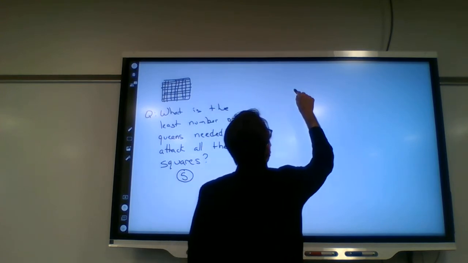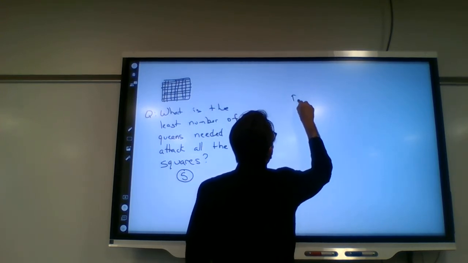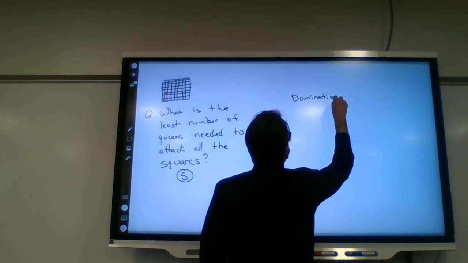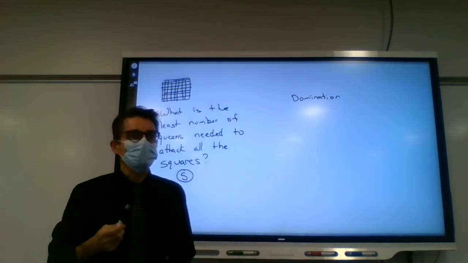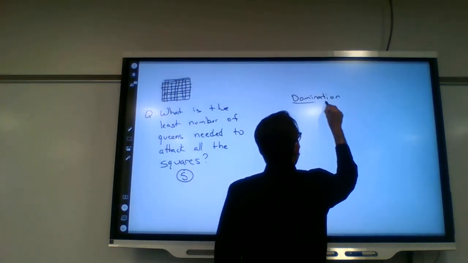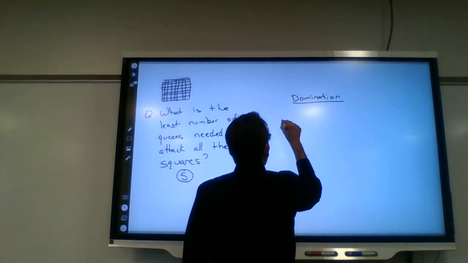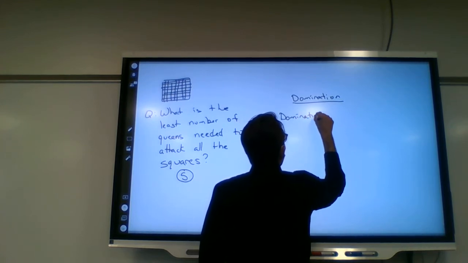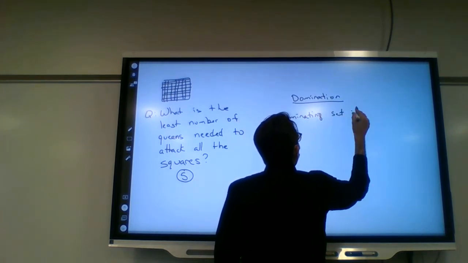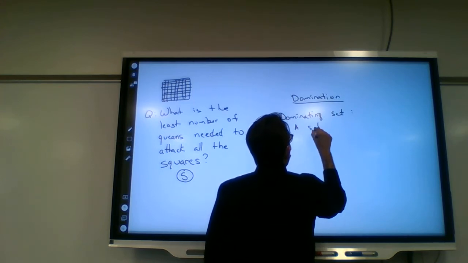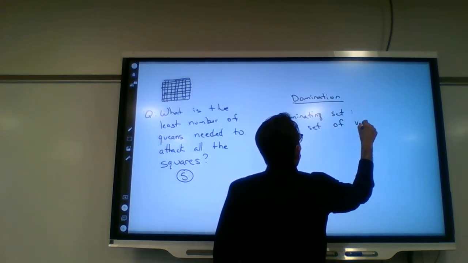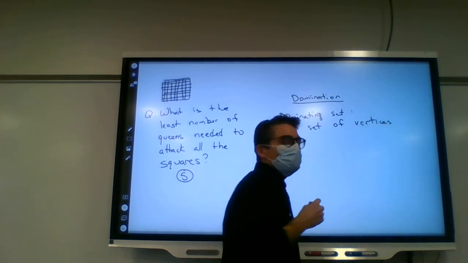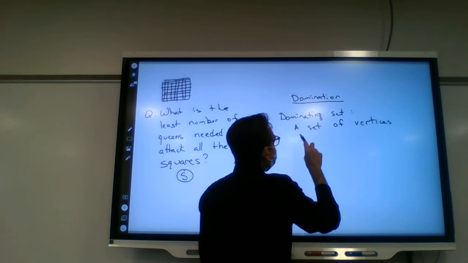All right, so this problem is a problem that's known as domination. At least in graphs, it's called domination. So the idea of a dominating set is a set of vertices in the graph.